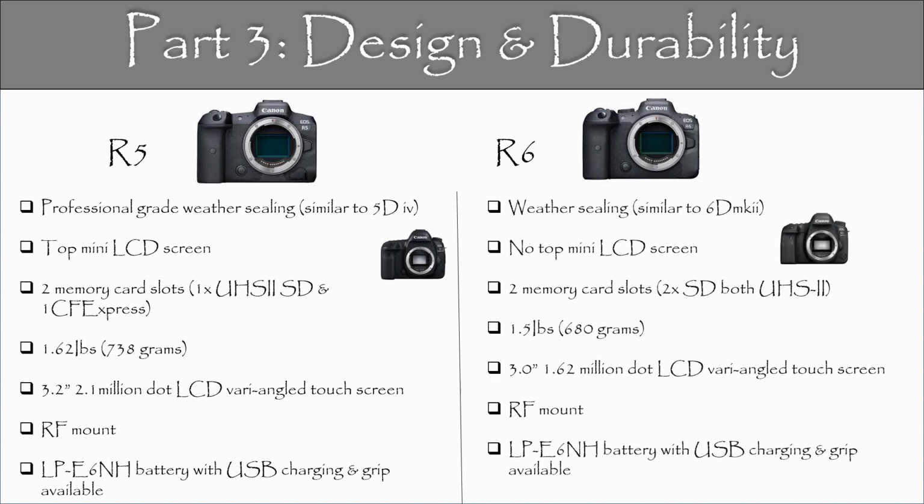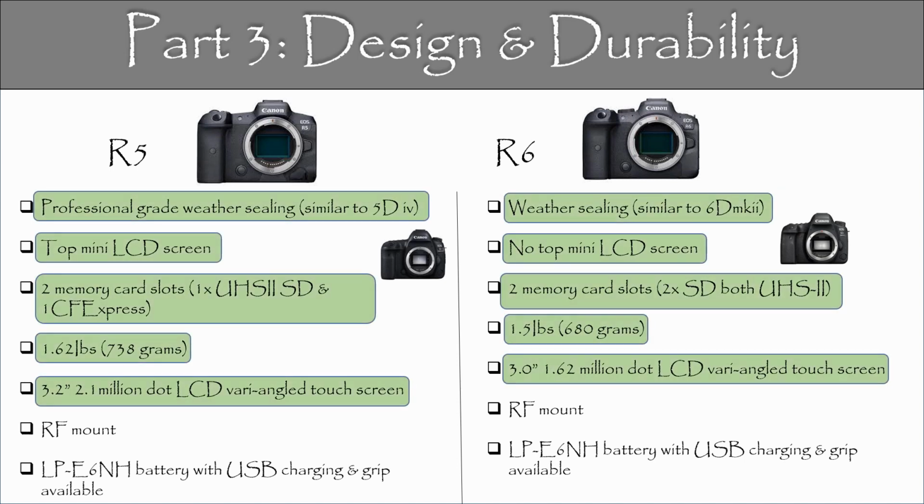Now the R6 also has weather sealing, but it's not as good as the R5, and it's more similar to, say, the 6D Mark II, whereas the R5 is more similar to the 5D Mark IV. The R6 has 2 memory card slots just like the R5, however both slots are for SD cards, which is good news if you're already a photographer and you've already got your SD cards, which means you won't have to invest in the more expensive CF Express cards.